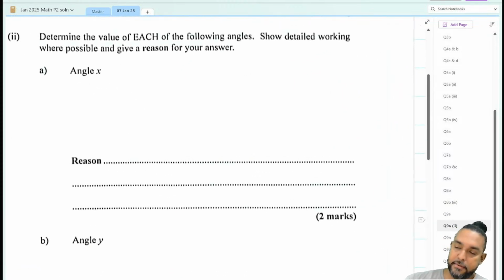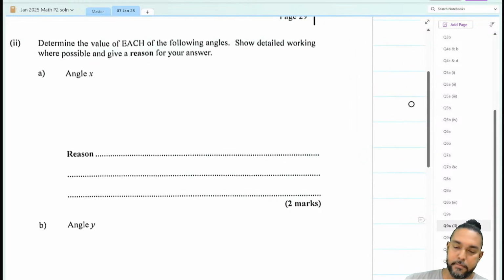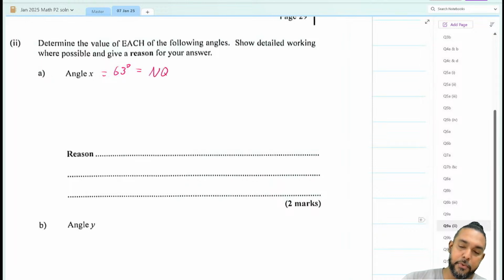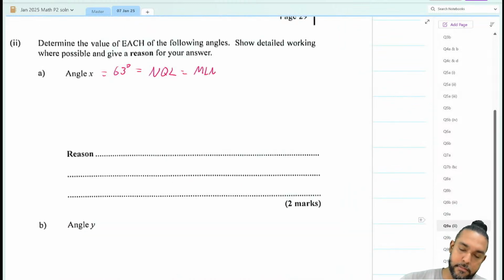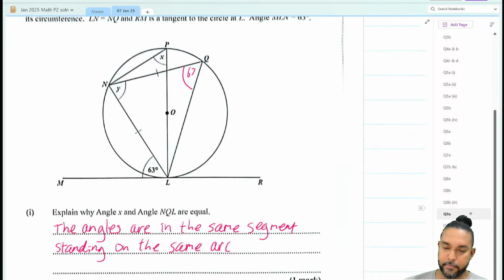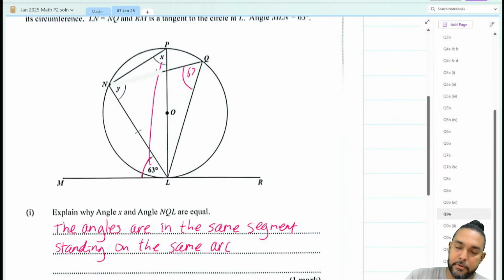So angle X is equal to 63 degrees because it is equal to NQL, which is thus equal to MLN. So you have two reasons here. Actually, you could go straight from here to here. If you blank out this line and this line, it's the same rule.